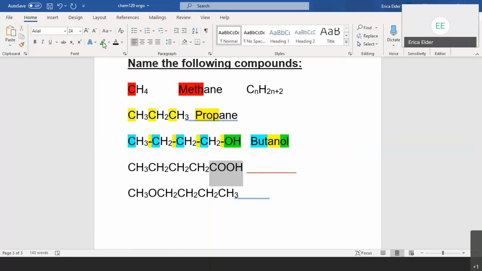COOH is my functional group. And we know, according to our chart, those that contain two oxygens, a carbon, and a hydrogen is going to be our carboxylic acid, or our choo-choo train. Okay?